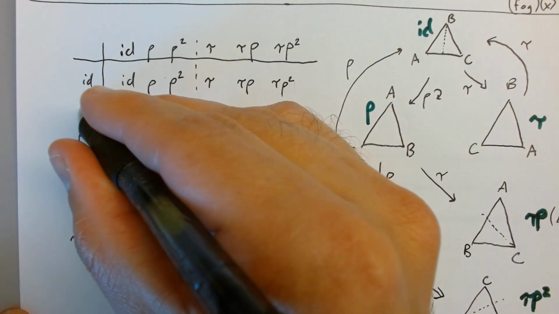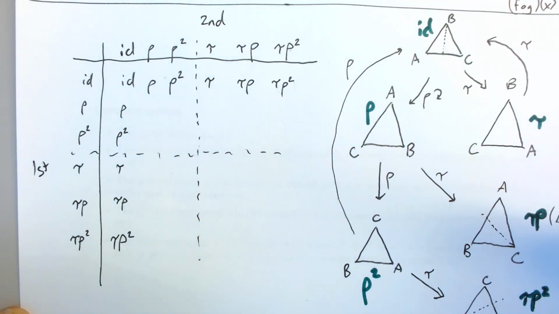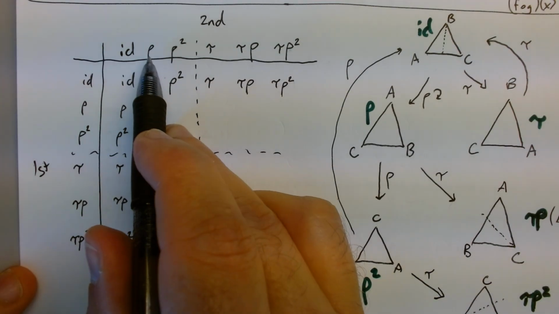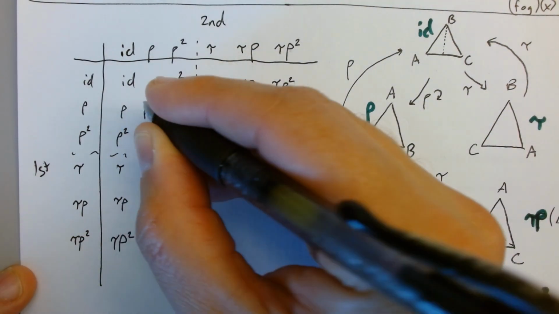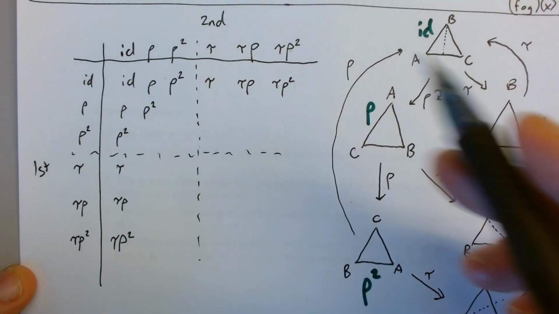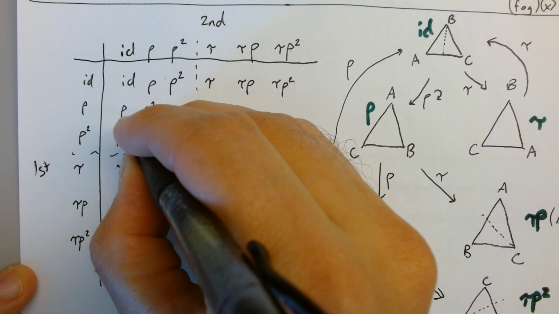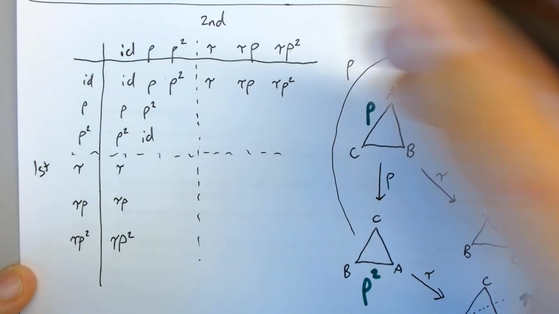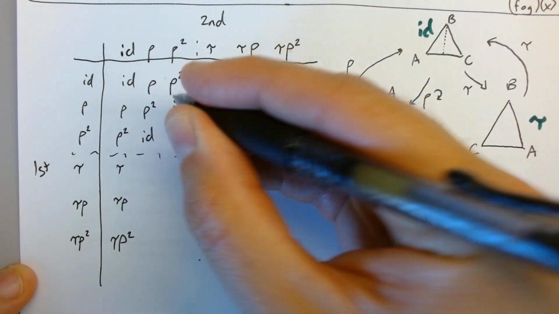So again, doing these first and these second, this is going to make a difference this time. If I do rho followed by rho, that's just rho squared. If I do rho squared followed by rho, so do rho twice and then rho again, we saw that comes back to the identity. Same thing here, that's rho followed by rho squared, bringing me back to the identity.